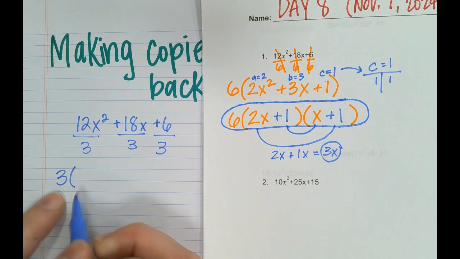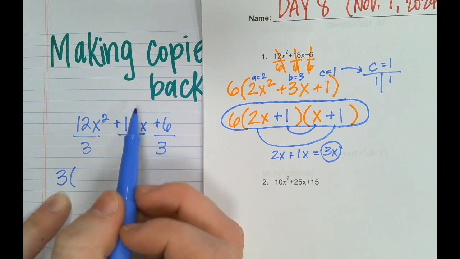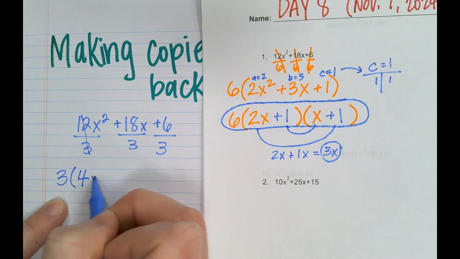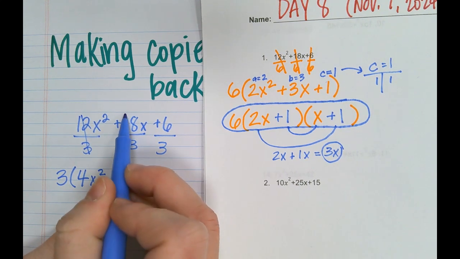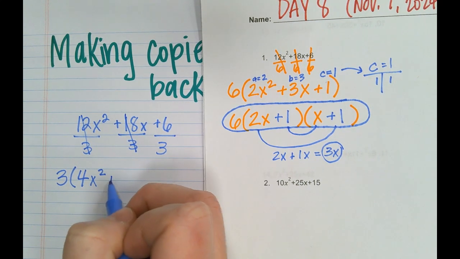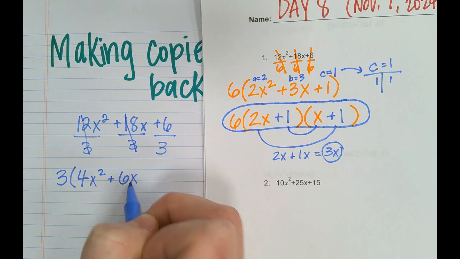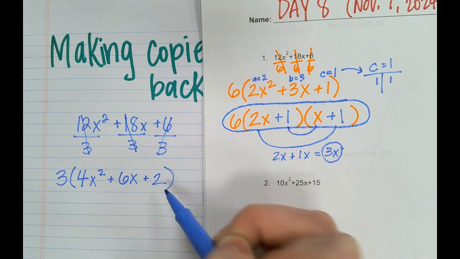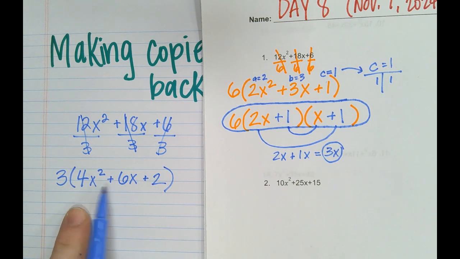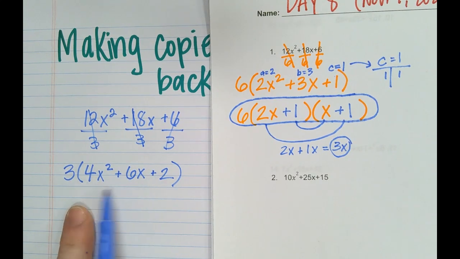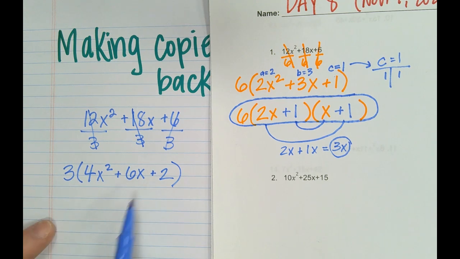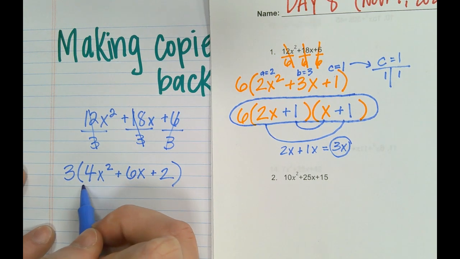I would get 3 on the outside, and then 12 divided by 3 is what? 4x squared. 18 divided by 3? Good. Plus 6x. 6 divided by 3? Good. Plus 2. So what you would notice in the new expression we came up with inside the parentheses, there's still a greatest common factor here, isn't there? What's that one? 2.